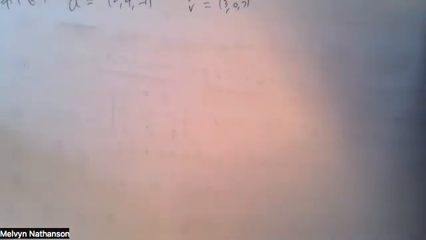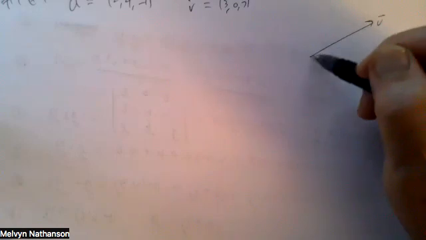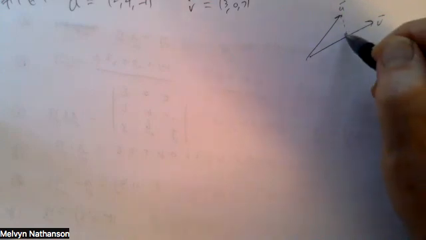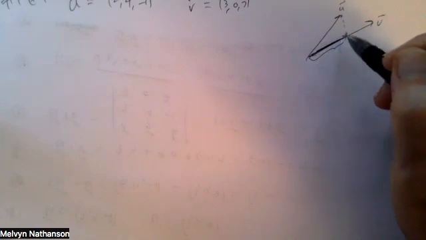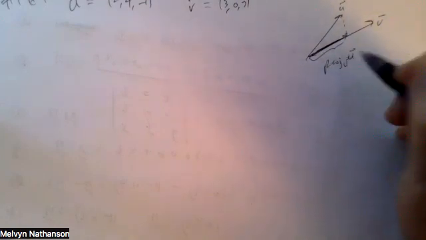So the picture you should have in your head is here you have a vector V, here you have a vector U. If you were to think of this in space and you drop the perpendicular, this is the projection of U in the direction of V. What is that equal to?